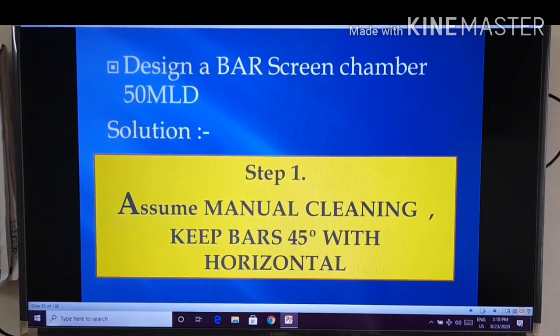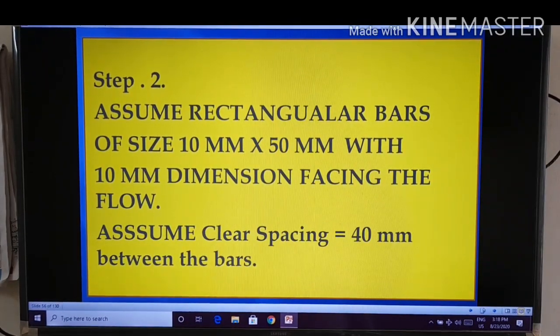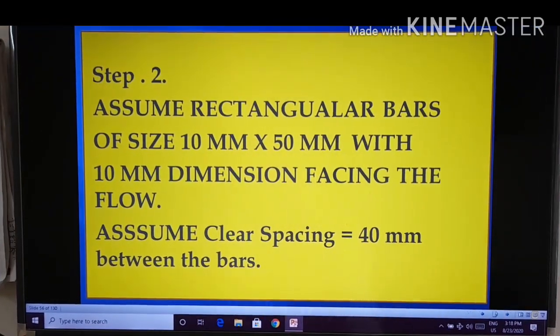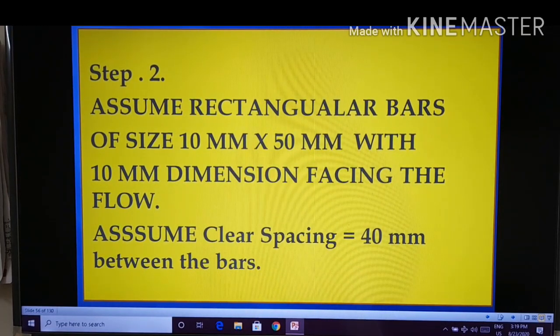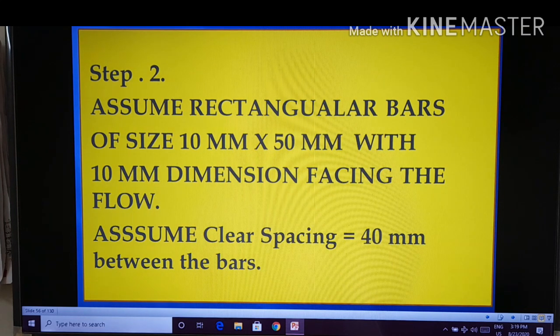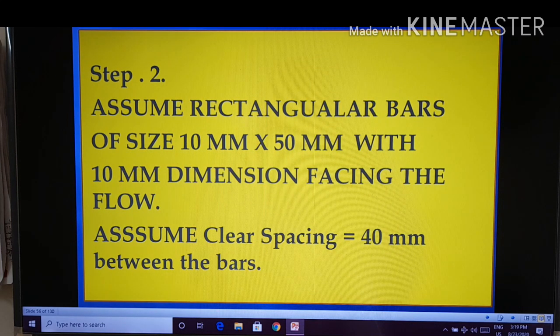Keep bars at 45 degrees to the horizontal. Step 2: Assume rectangular bars of size 10 mm by 50 mm with the 10 mm dimension facing the flow. Assume clear spacing equal to 40 mm between the bars.